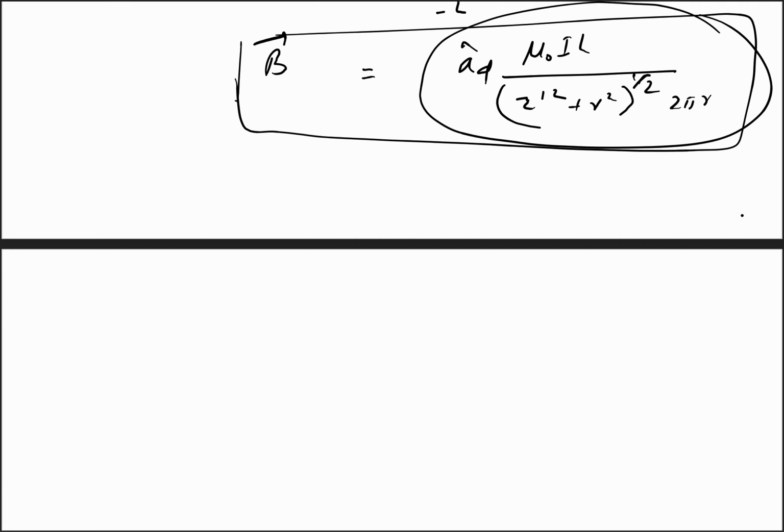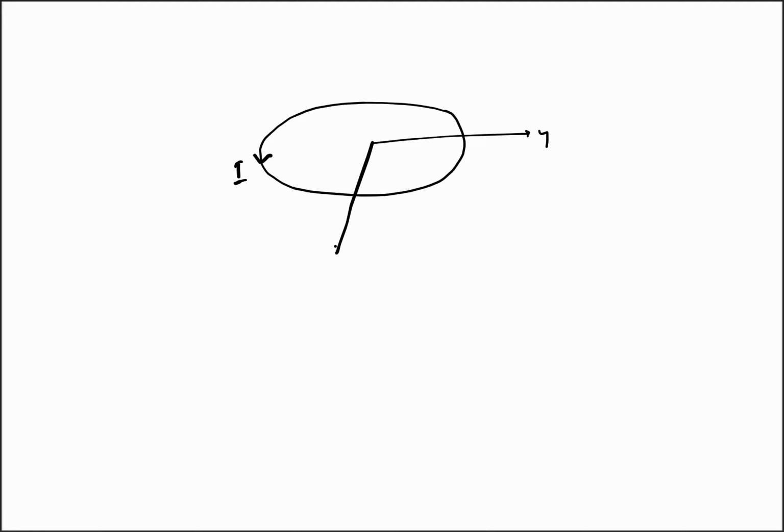Now in the next slide we will find the magnetic field on the axis of a circular current carrying loop. So let us do that. So this is a current carrying loop which is circular. This is current I. Let us say this is the y axis, this is the x axis, and this is the z axis, and it is along the axis of this loop.